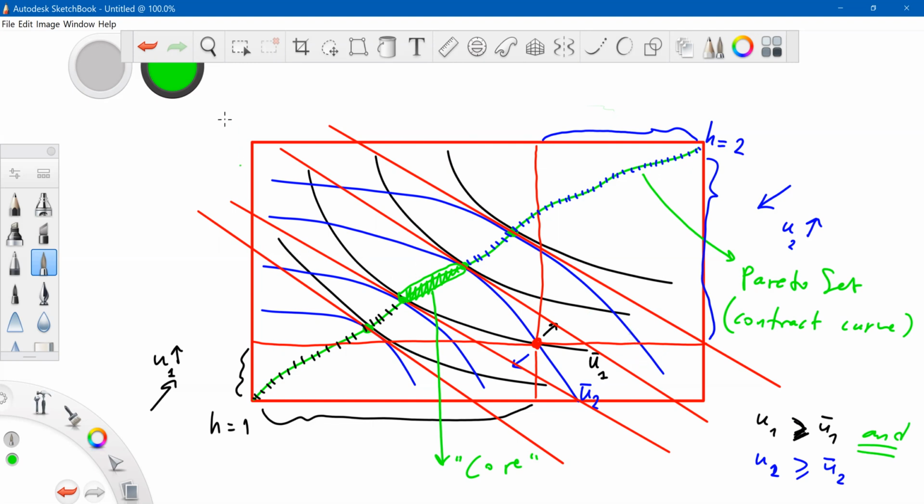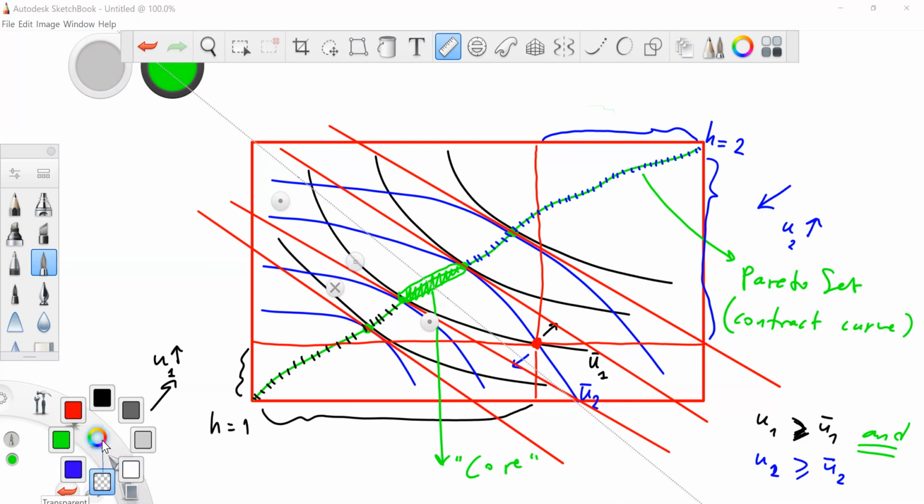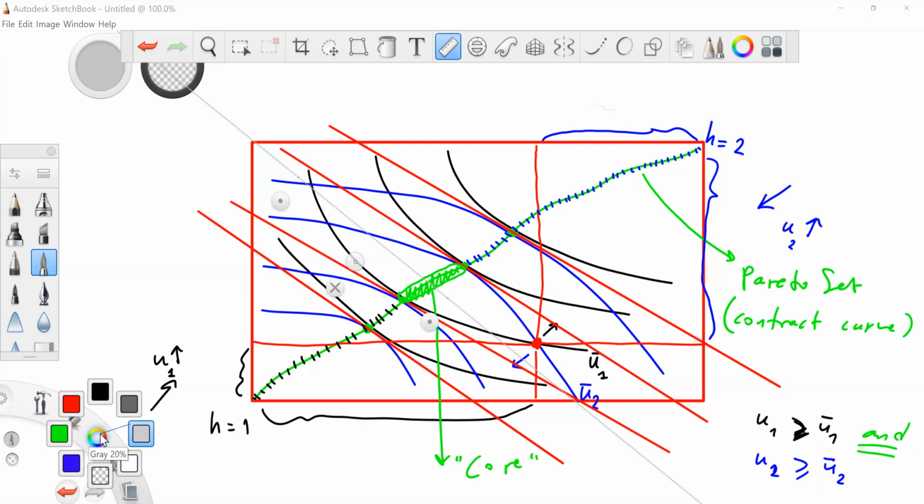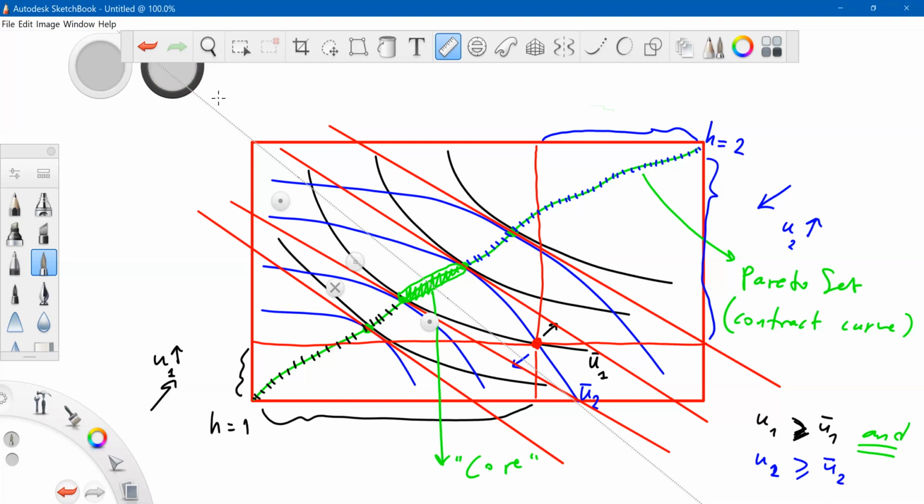Then, of course, we have a particular point, let's say this one. Let me choose a different color. Let's say gray. So this will be the Walrasian equilibrium.